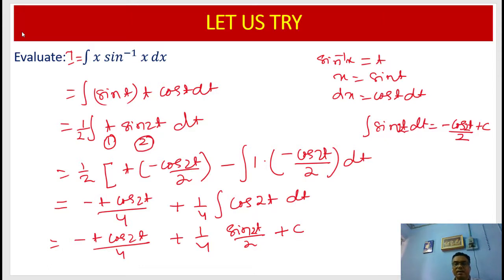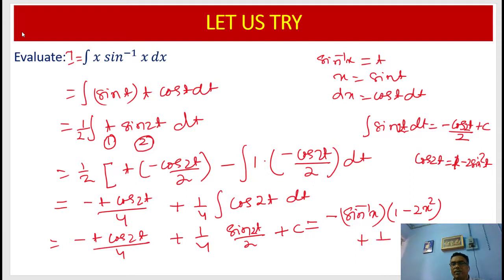We will have to change these to x. It is minus t, for which sin inverse x, cos 2t. How do I write cos 2t? It is 1 minus 2 sin square t. So I write 1 minus 2x square, plus 1 by 8.